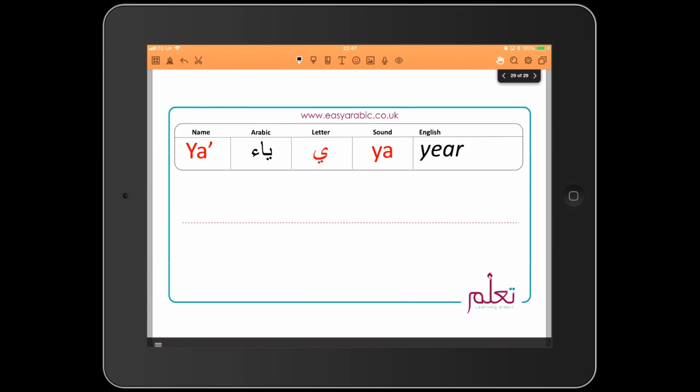And the last one is the letter ya. Now, most of the time, you'll see 2 versions of this. The ya is like this. It goes under the line. Now, if it has the 2 nuktas on the bottom, like it has in the picture, it sort of extends the sound of the kasra, which is e.